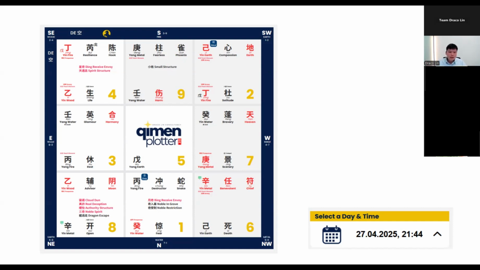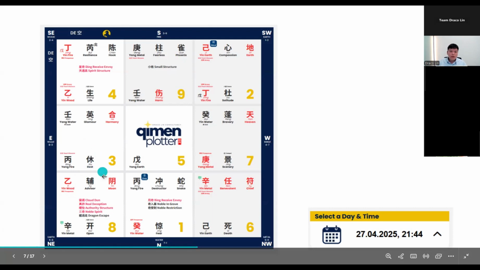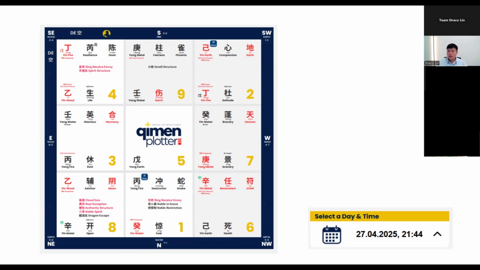In this case, look here, for example the open door. In general plotters, in what we learn in normal Qimen theories, the open door is a very good door. Open door, live door, and the rest door. This is generally what we learn, all right?